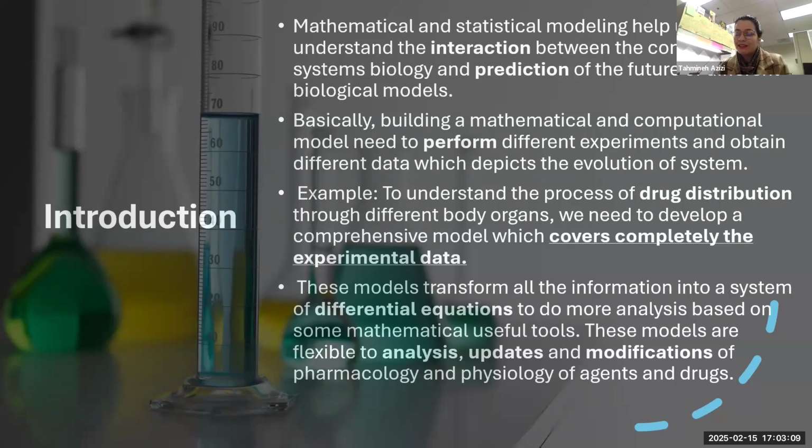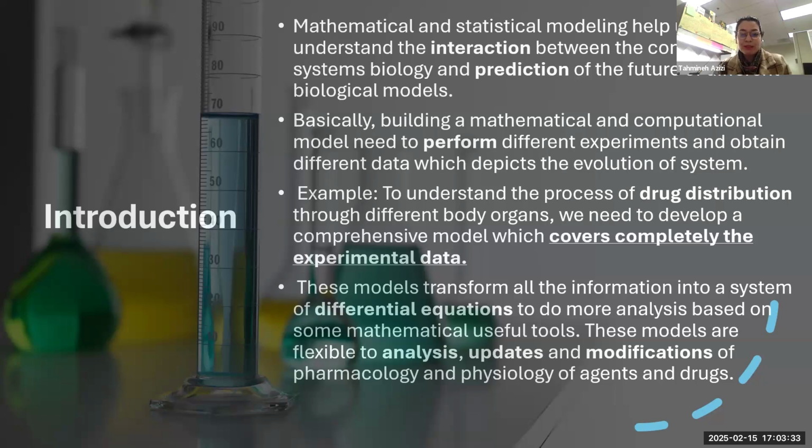So, as you will see, we simply use a system of ordinary differential equations, which undergraduate students do a lot, to model all of these important processes like drug distribution, absorption, metabolism, and excretion.